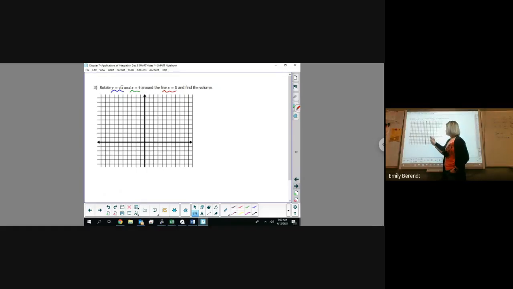So 1, 2, 3, 4, 5. And then y equals square root of x, so 0, 1, 4.